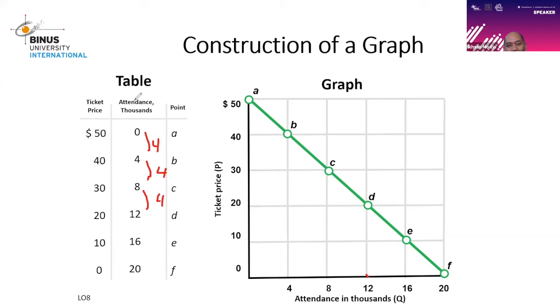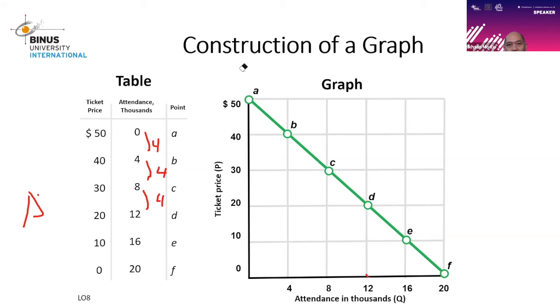But you cannot only look at one variable, because the slope is basically ini kan, delta y divided by delta x. That's the slope, yeah? Or delta x, sorry, it's delta x divided by delta y. Change in x divided by change in y.